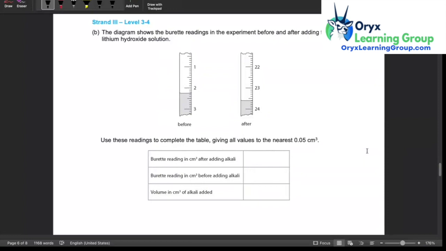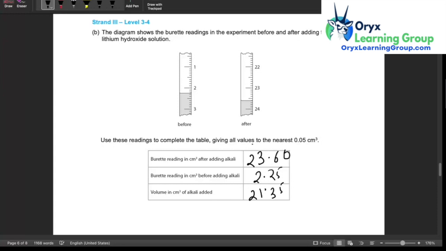It's super simple, right? 23.60, correct. 2.25, 21.35. Very good.